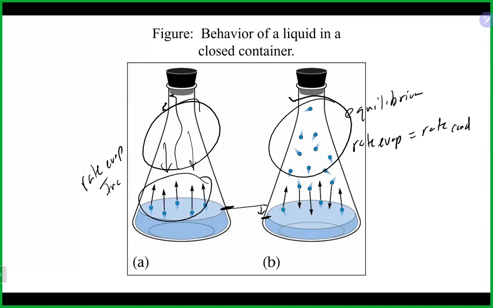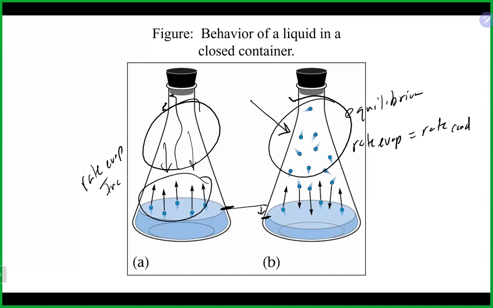This is also what causes the vapor pressure above the liquid: the vapor molecules that have escaped the liquid are trapped above it. That's like when we looked up the vapor pressure of water when we did the gas molecules. We trapped our gas in a container, and those molecules couldn't go anywhere, but we did have water molecules above the liquid, and that is the vapor pressure of water.